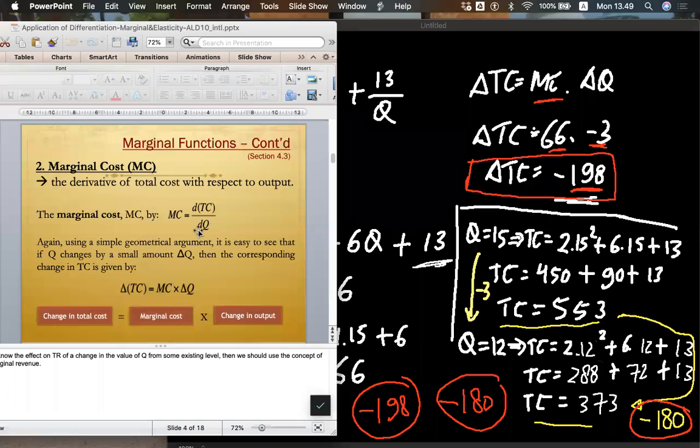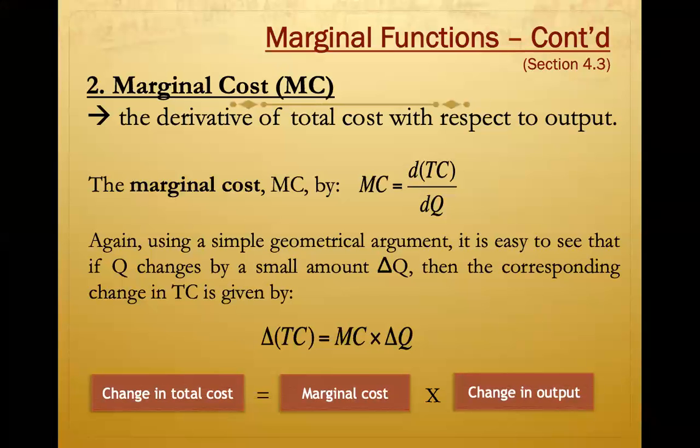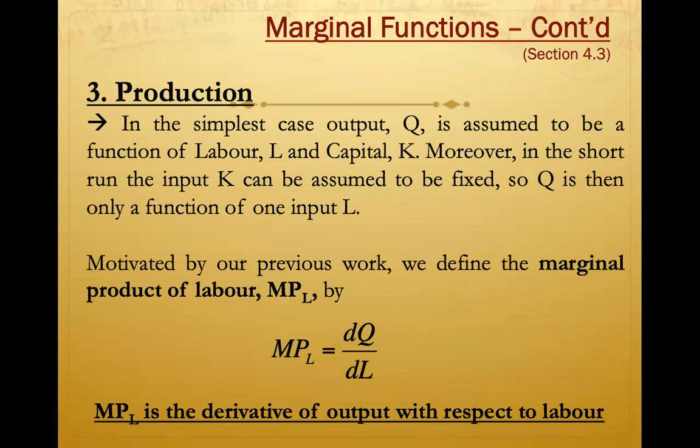For cost it is just Q as an output, but for revenue, Q is quantity demanded. Okay, that's the second application of differentiation, marginal cost. The third one is production.